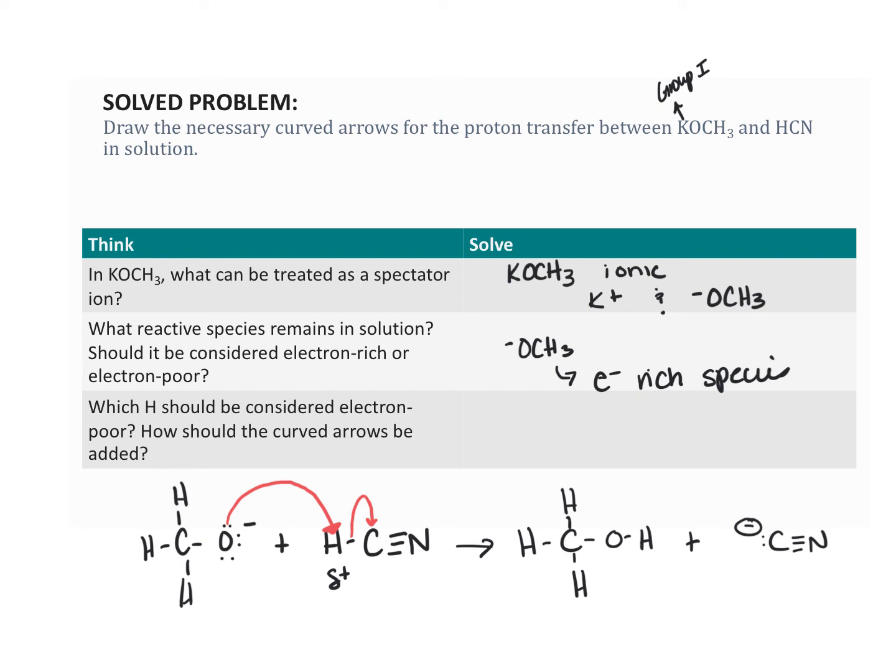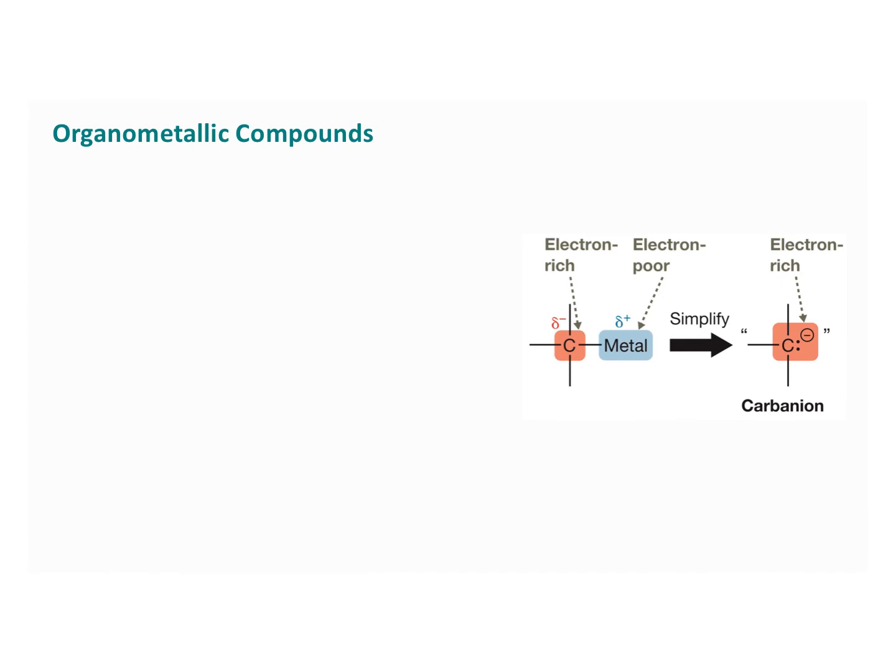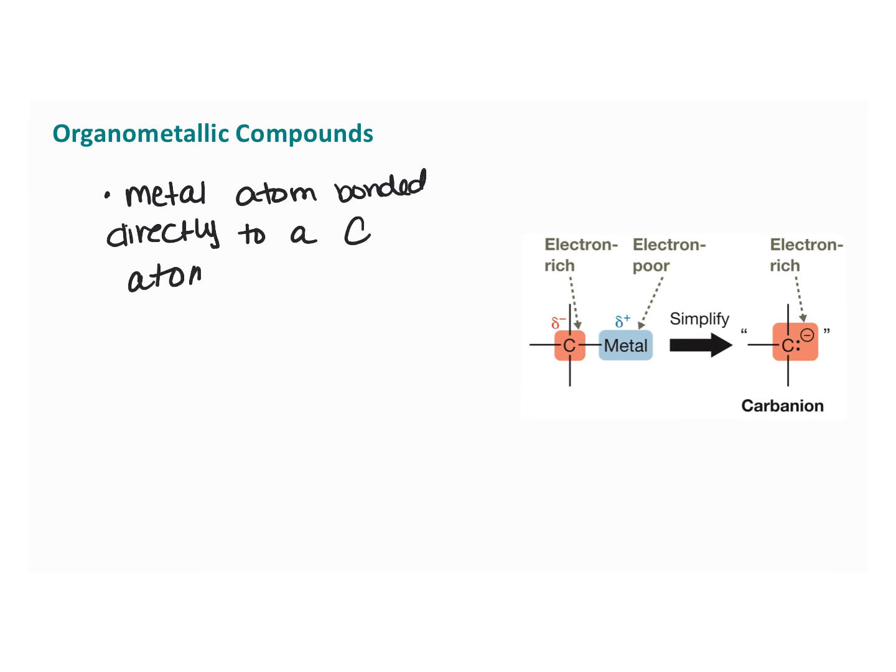Now, we've made some assumptions with our group 1 metals. We've talked about spectator ions. Analogously, we can also make simplifying assumptions for reactions involving organometallic compounds. Organometallic compounds have a metal atom bonded directly to a carbon atom.